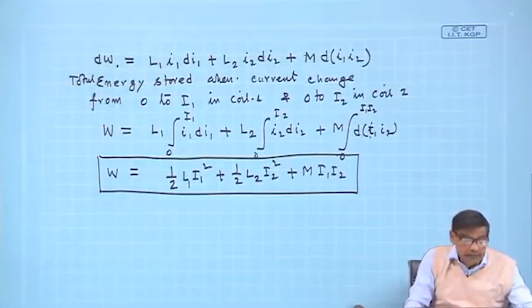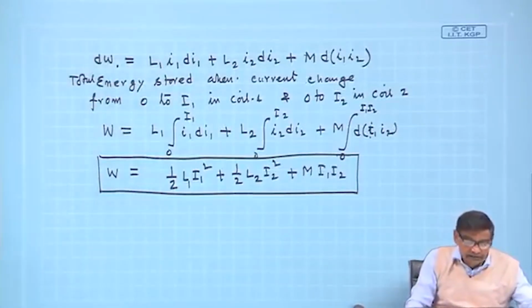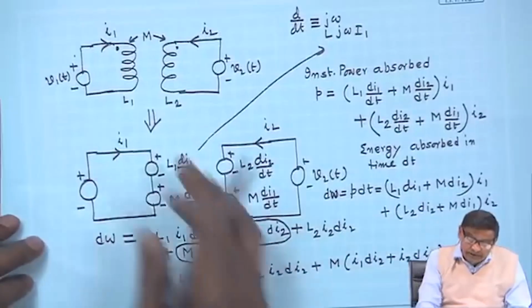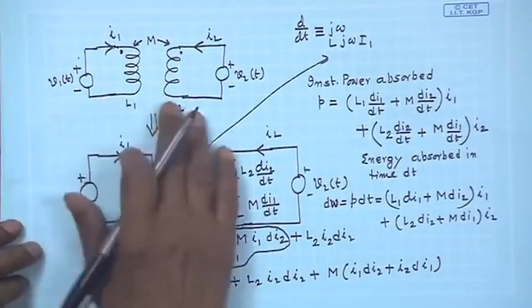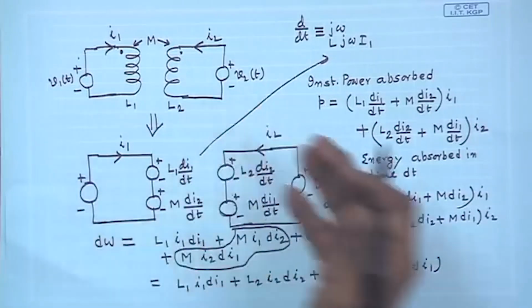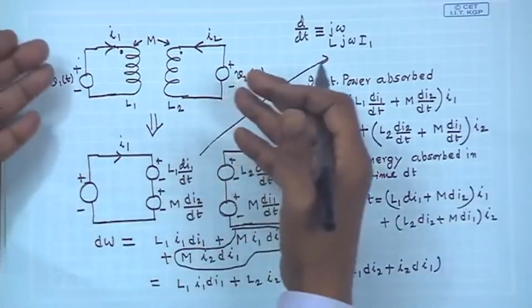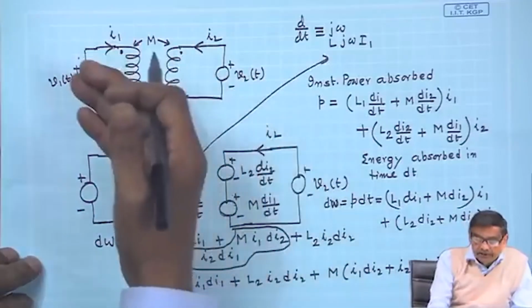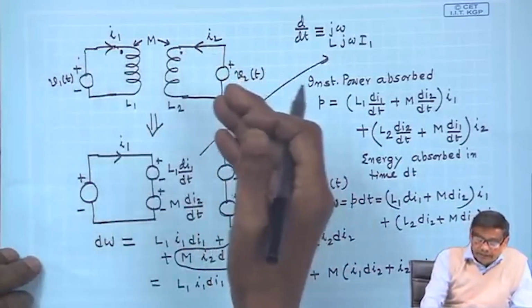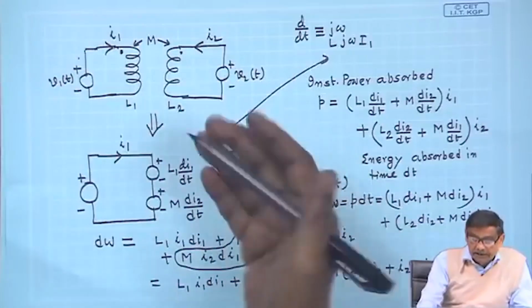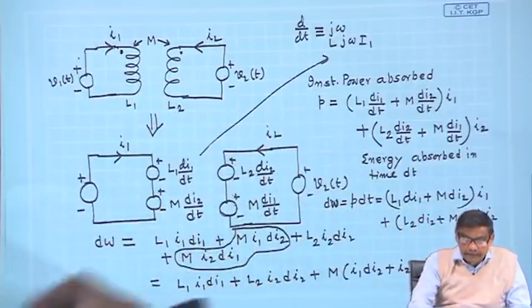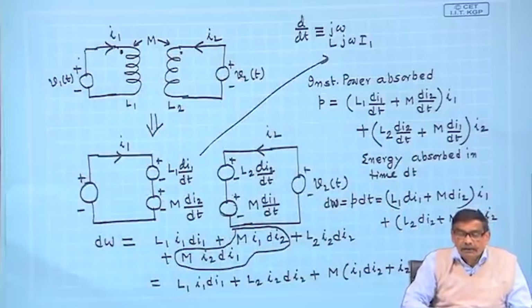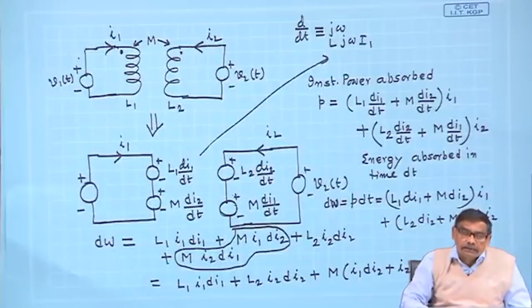Given 2 mutually coupled coils, both the sides I am connecting sources. So, these 2 sources are pumping power into the system. The way I have assumed currents and voltage polarities, it means that it is pumping energy. There is no resistance in the coil. Where is that energy going? That energy is being stored in the magnetic field.